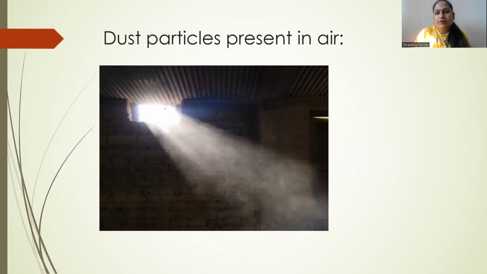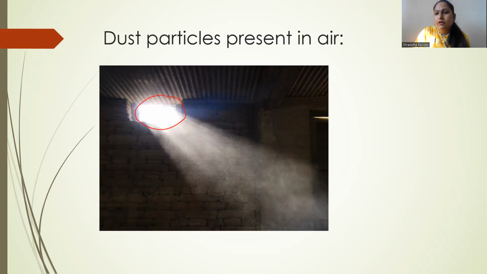So a small beam of light comes from that particular open portion. Only this much portion is open, and the light from the sun rays is coming inside the room.